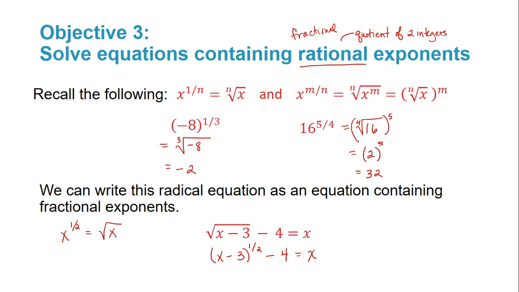So the properties and solving techniques that we applied in this objective can apply here. We're going to have to isolate the expression with the exponent, and then we'll raise each side to the same power to eliminate the fractional exponent.